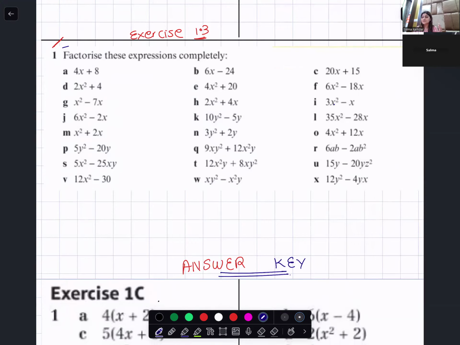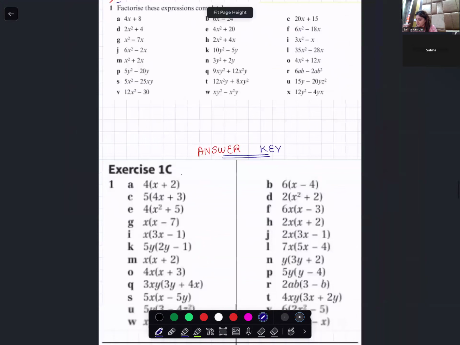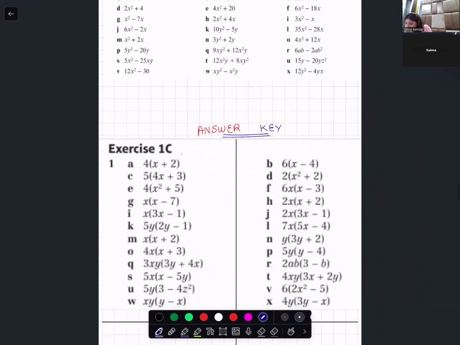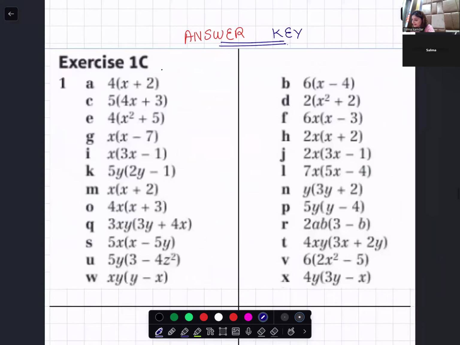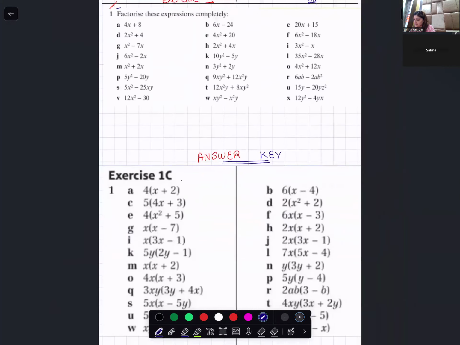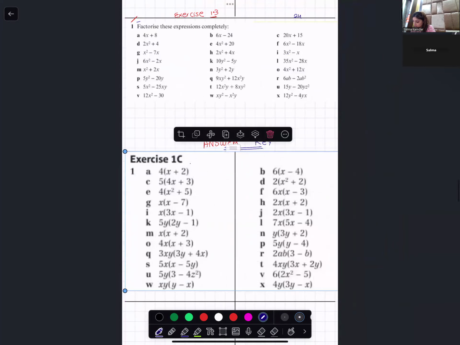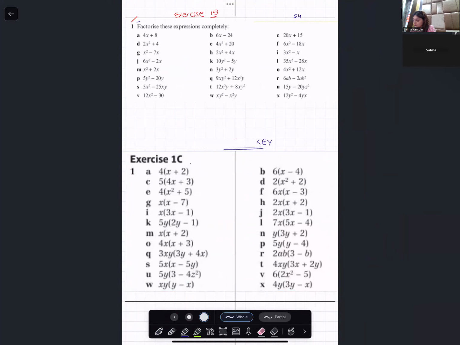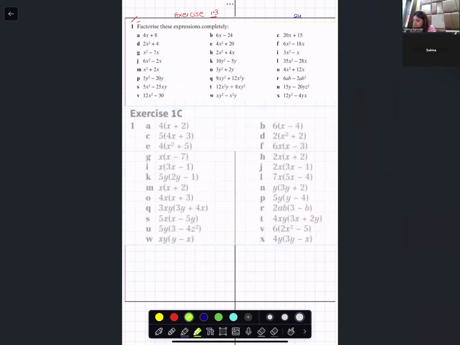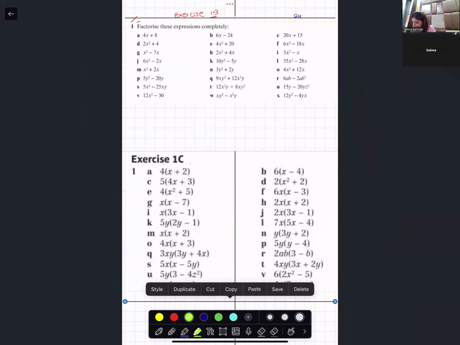When you factorize three terms, there is another technique. So I'm factorizing the terms completely. Here are some 24 sums for your practice, which you need to factorize. And below is the marking scheme, the answer scheme for those 24 sums. You need to factorize them. Try to match it with the answer key. The solution is provided down.